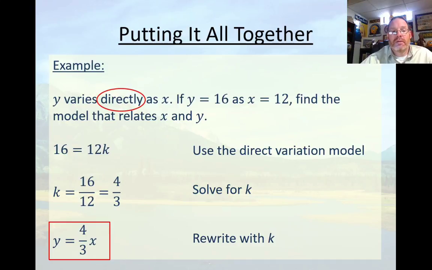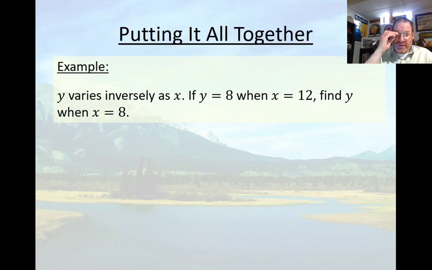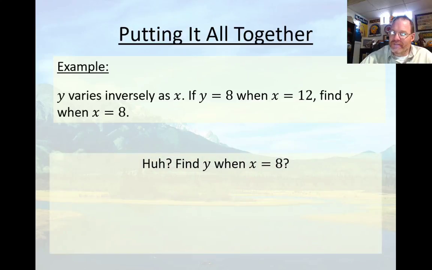Sometimes it's a little bit different than this. For example, y varies inversely as x. If y equals 8 when x equals 12, find y when x equals 8. So this is different. They're not asking us for a model here.